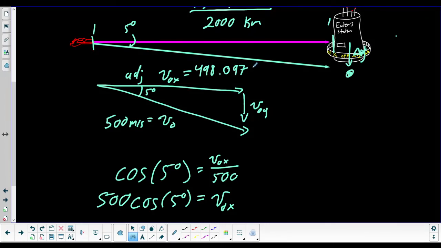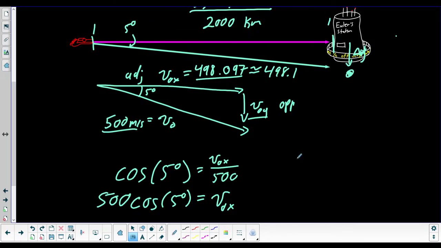So let's go ahead and just round that to 498.1. Let's just go ahead and get the y direction. Since we're out here doing trigonometry anyway, this is the opposite side. And again, don't use this rounded number. Even this number is a little bit rounded because of your calculator. Use the number you know.